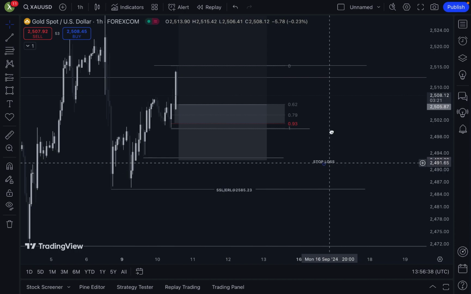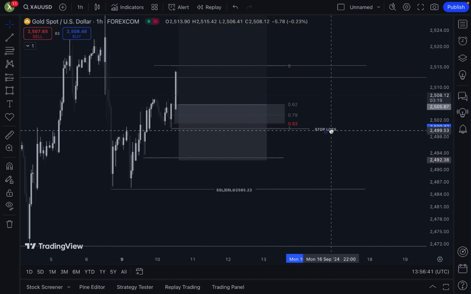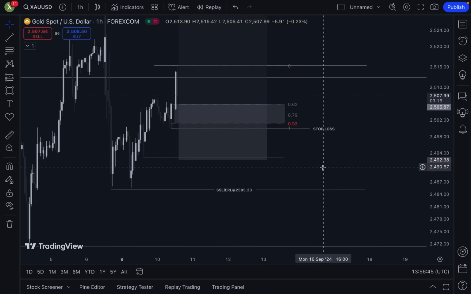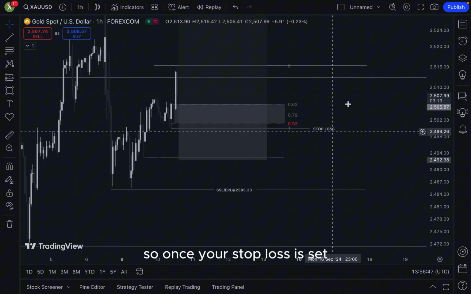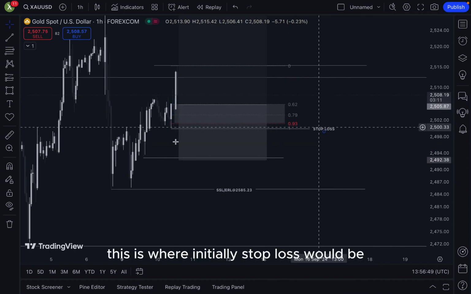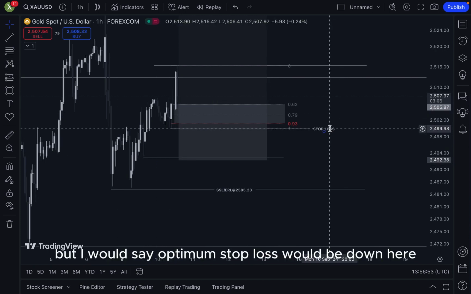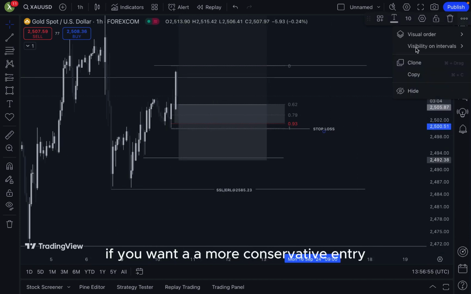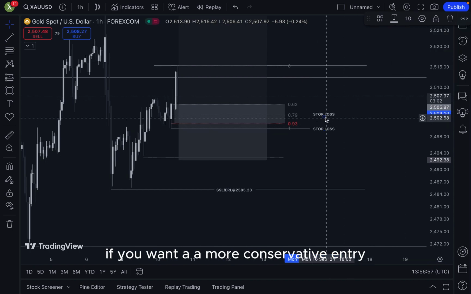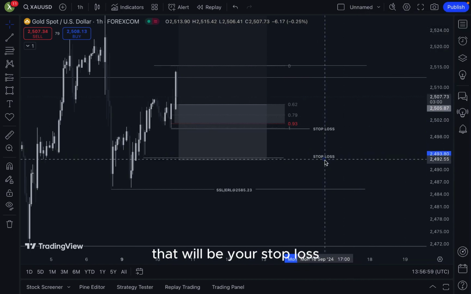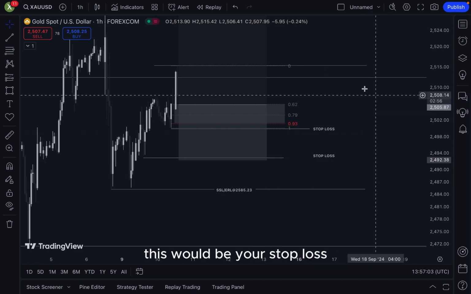Stop loss right there. So once your stop loss is set, this is where initially stop loss would be, but I would say optimum stop loss would be down here. If you want a more conservative entry, that will be your stop loss, but if you want a risky entry, this would be your stop loss.